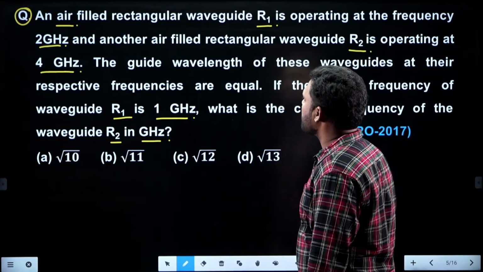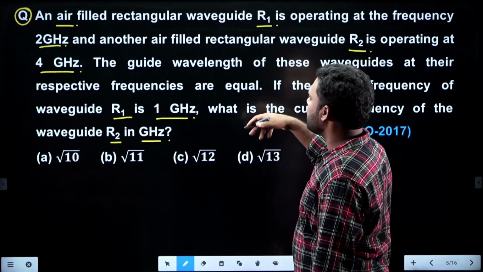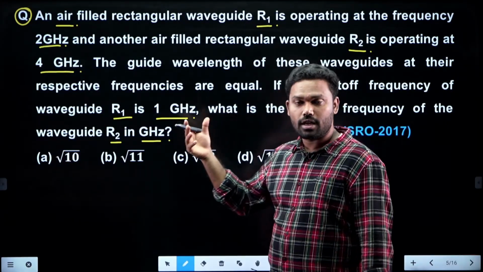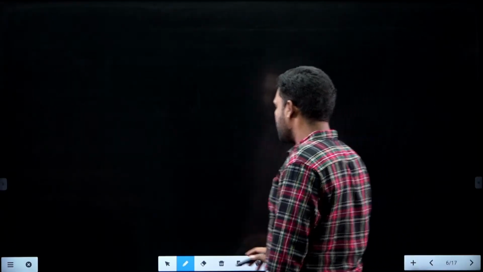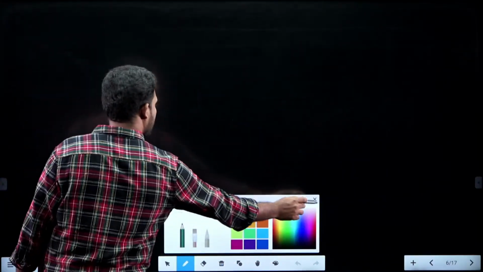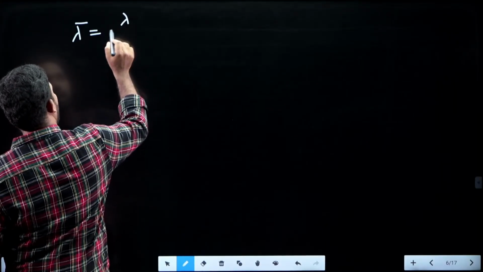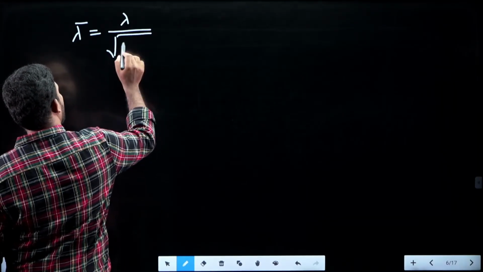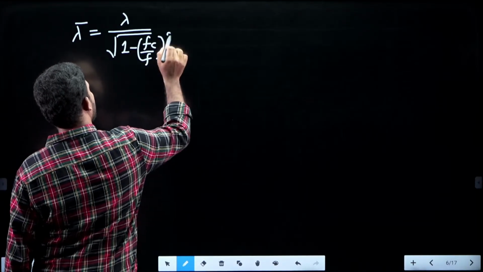Okay, guys. So here two waveguides are there. For those two waveguides, the guided wavelengths are the same. So, let me turn the page here. What is the guided wavelength formula? The guided wavelength formula is lambda bar is equal to lambda divided by square root of 1 minus (fc by f) whole square. It is a high pass filter term.